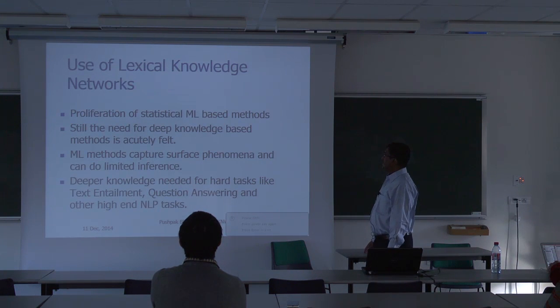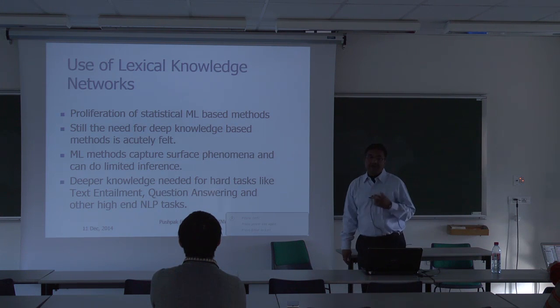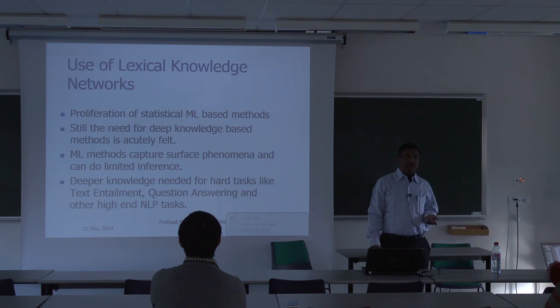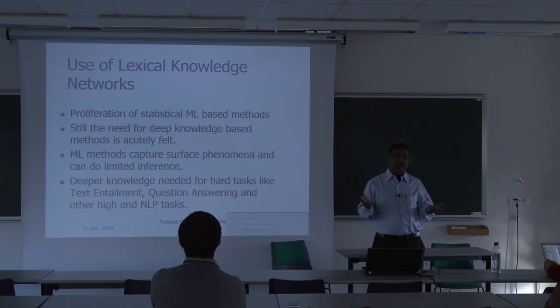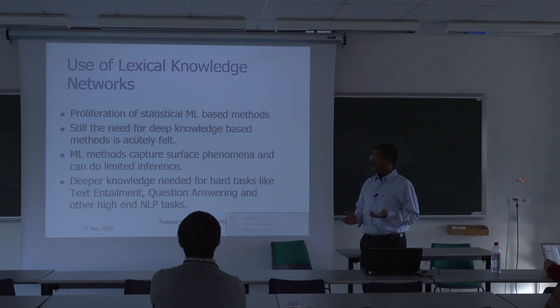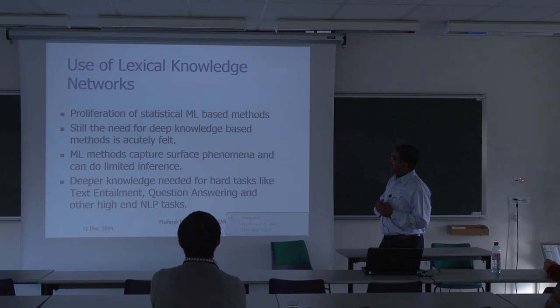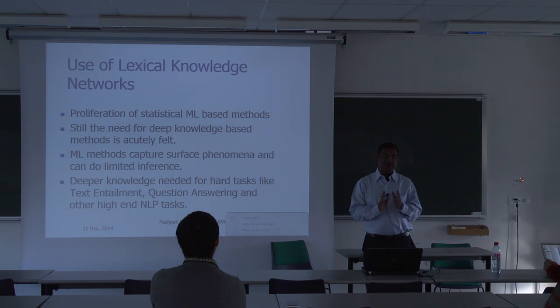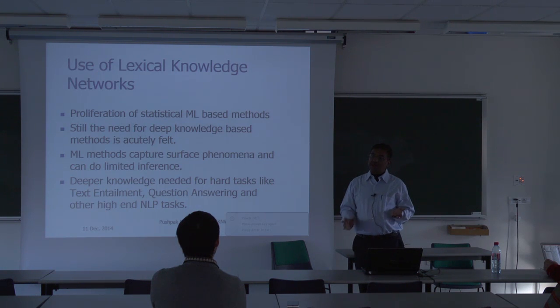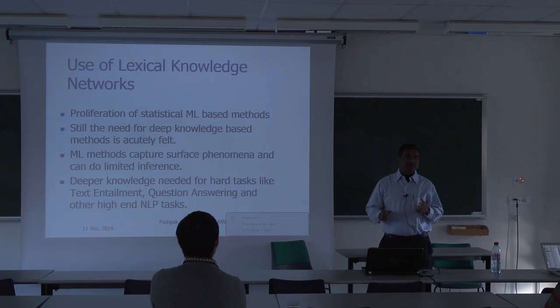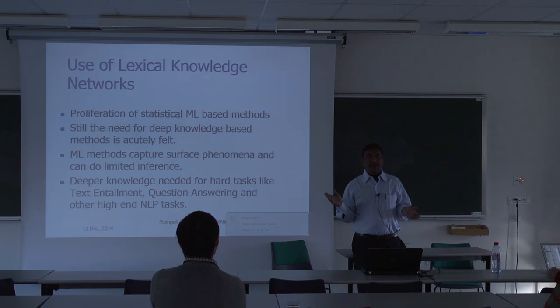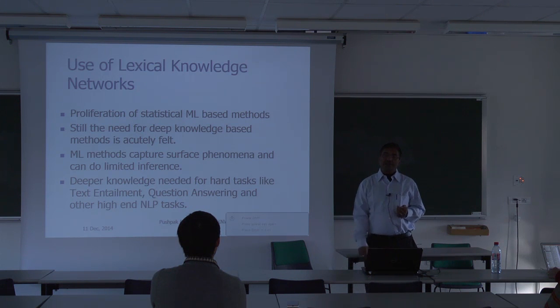The point is this, that even though we are heavily using statistical machine learning based methods for natural language processing, deep knowledge is still needed for many of the applications. And it is interesting to note that while statistical natural language processing was progressing based on machine learning, people were also continuously spending effort in creating lexical networks like Wordnet, ConceptNet, PrepositionNet, VerbNet.